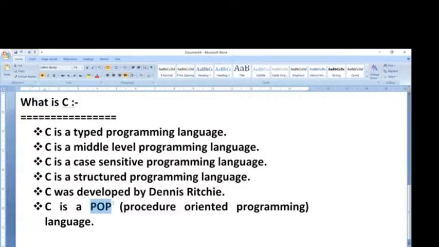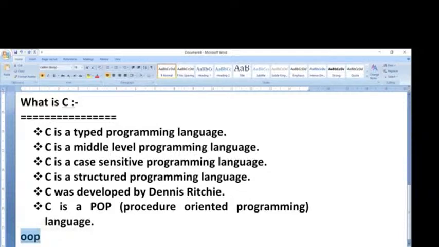Basically, there are two types of programming languages, POP and OOP. OOP means object oriented programming language. POP means procedure oriented programming language. C++ is the first object oriented programming language. After C++, whatever languages were developed are all OOP.